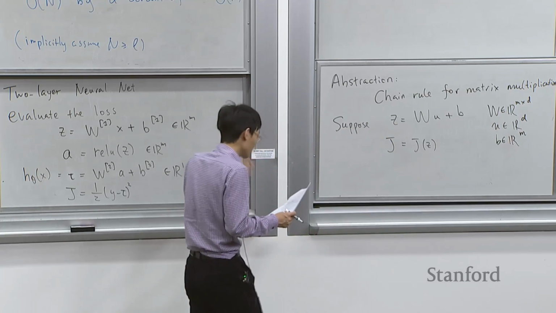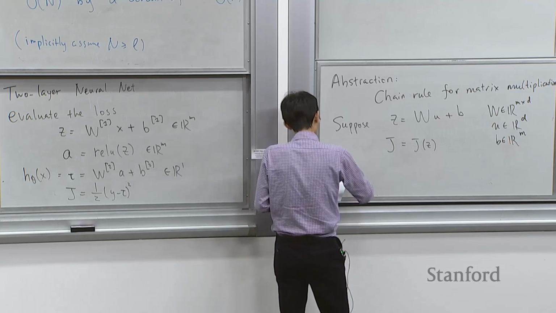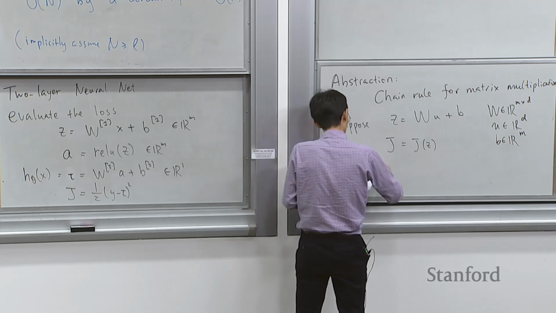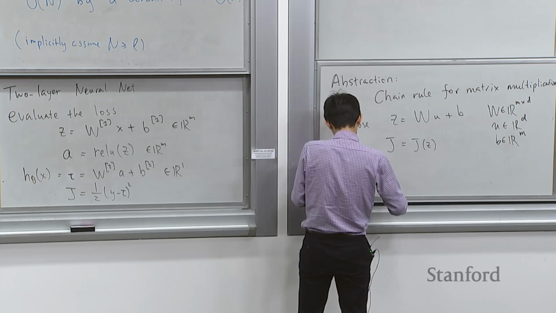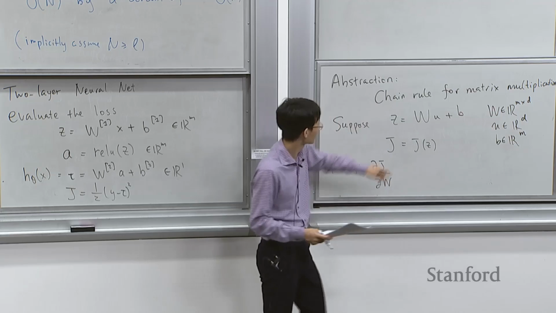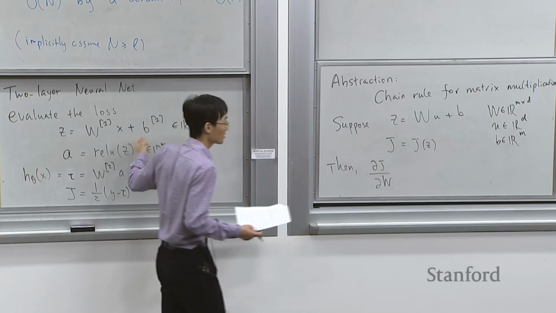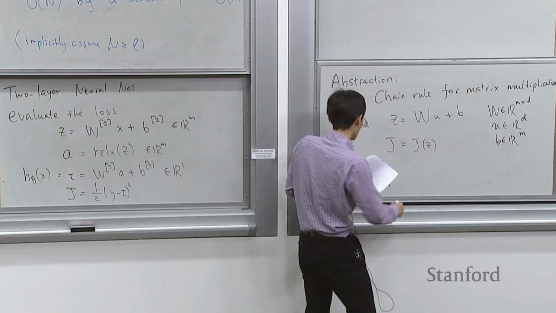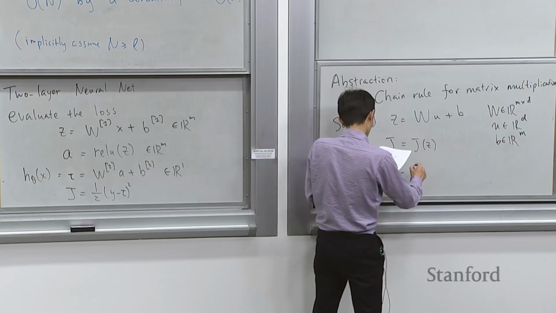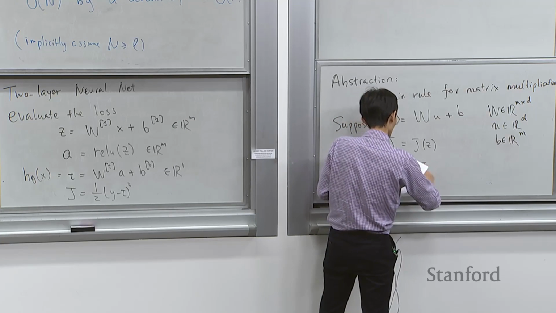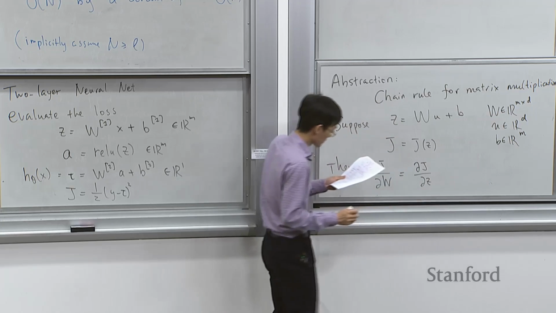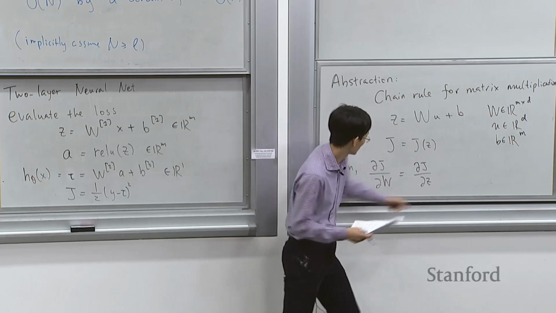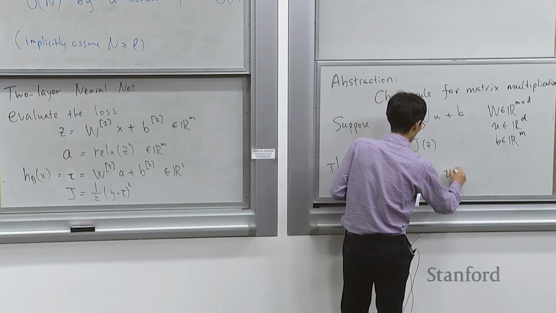And then I'm going to claim that the derivative with respect to W, which is what I care about, if you map it back to here, is going to be equal to the derivative with respect to Z times U transpose.